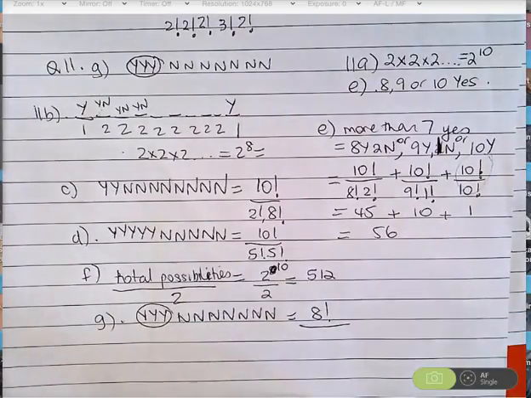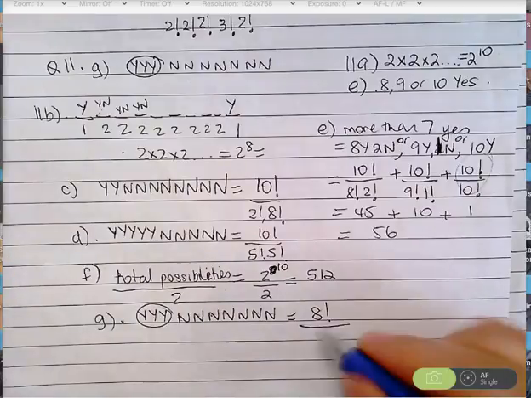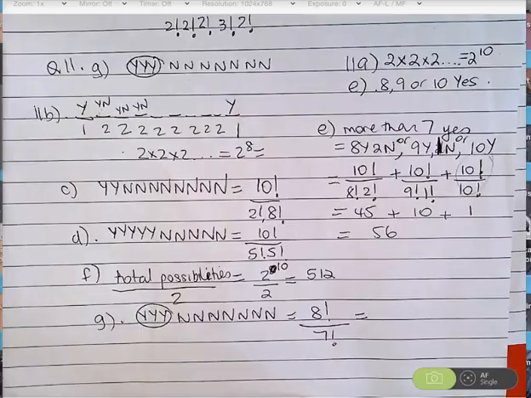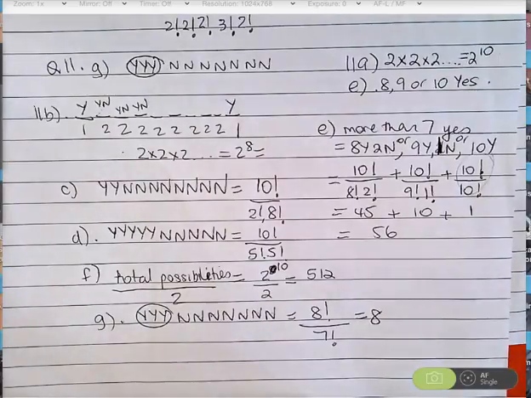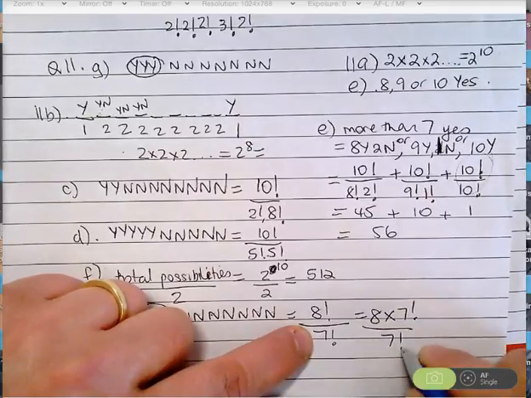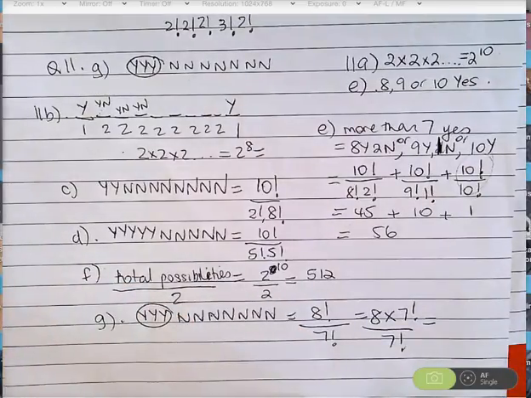So we're ordering 8 groups over 7 factorial because the nos are all duplicated. 8 factorial over 7 factorial is 8 times 7 factorial over 7 factorial, which is 8.